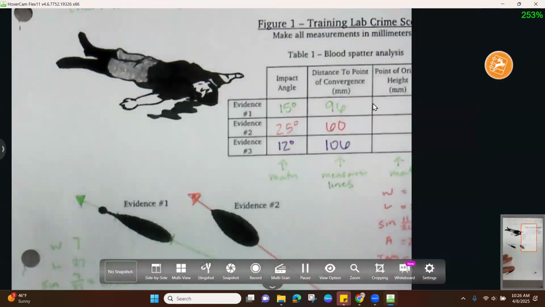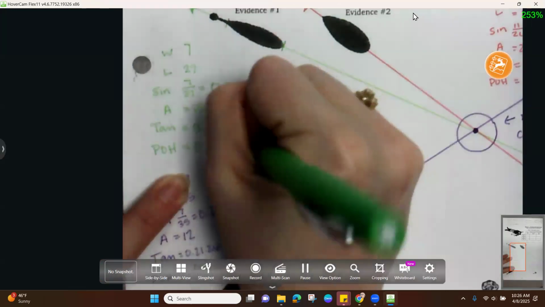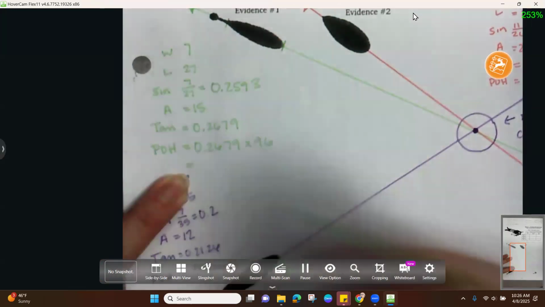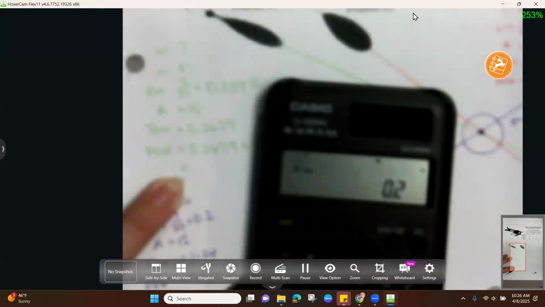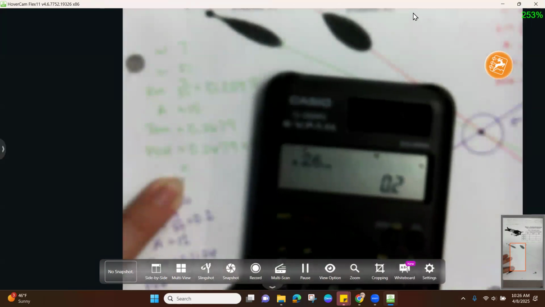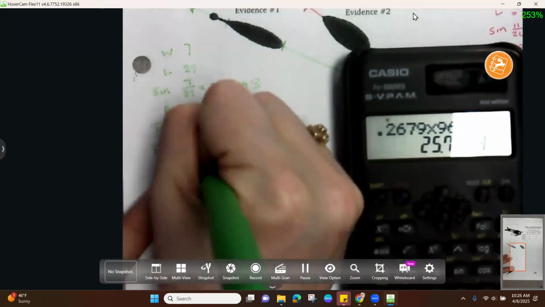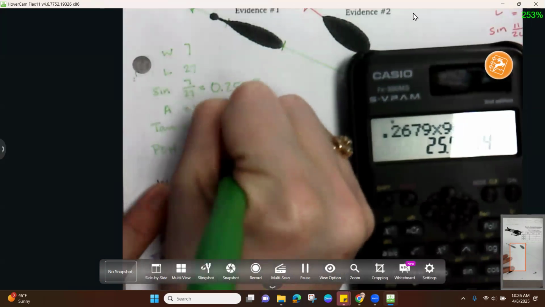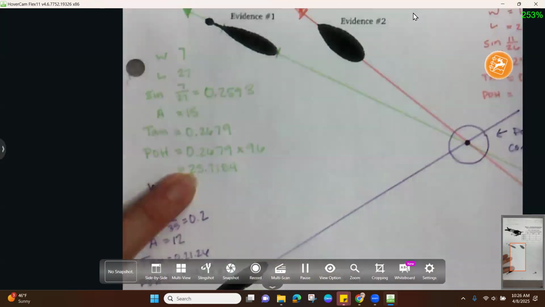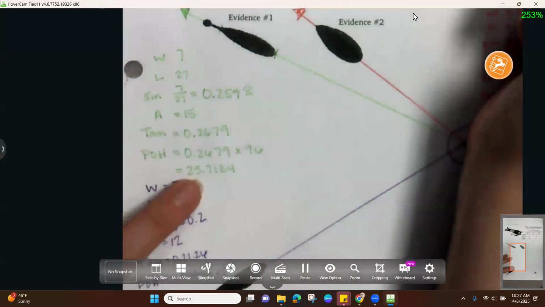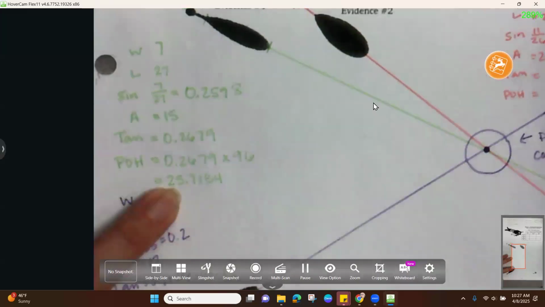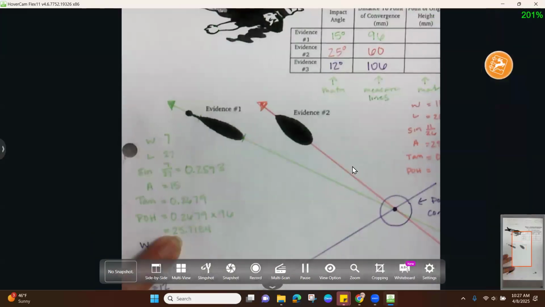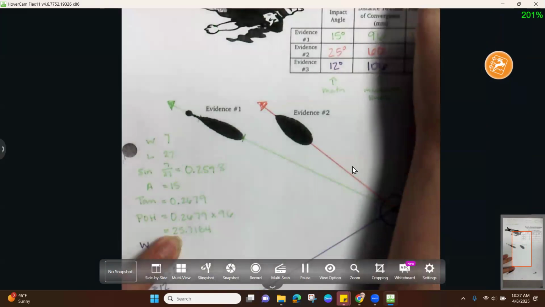Your distance is coming from your table, so 96 multiplied by 96, giving us 25.71. You can write it with your decimals if you want. I'm going to round, so my height for blood 1 is going to be 26.